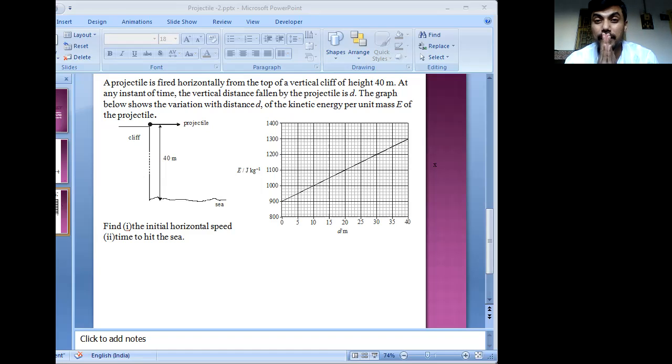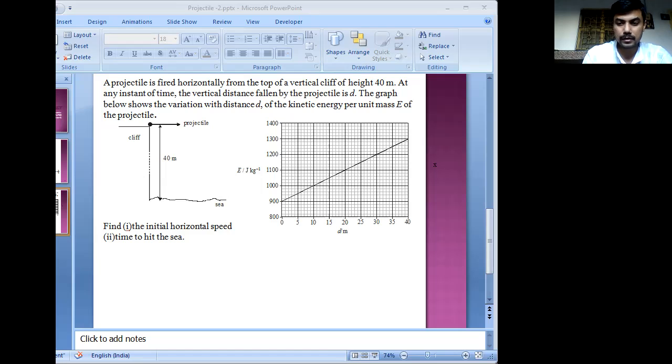So now the resultant velocity square should be, if you think of it as the resultant of the horizontal velocity and the vertical velocity, written the way resultant vectors are written.